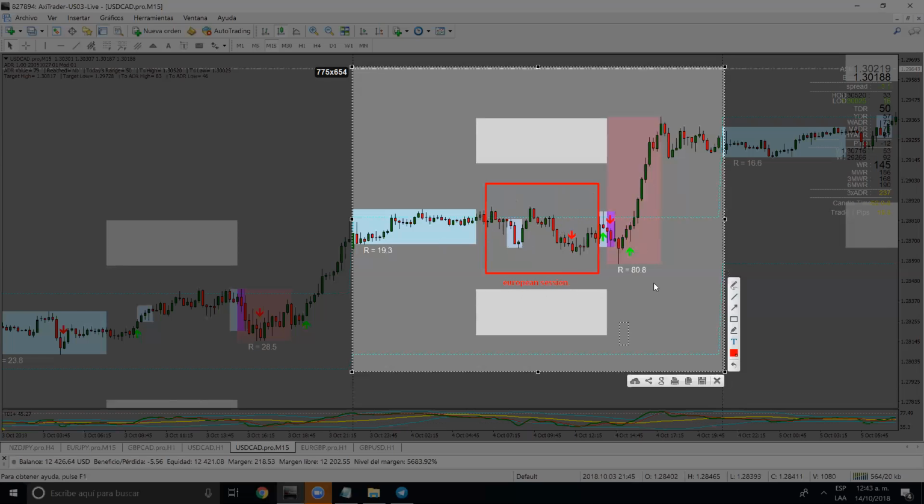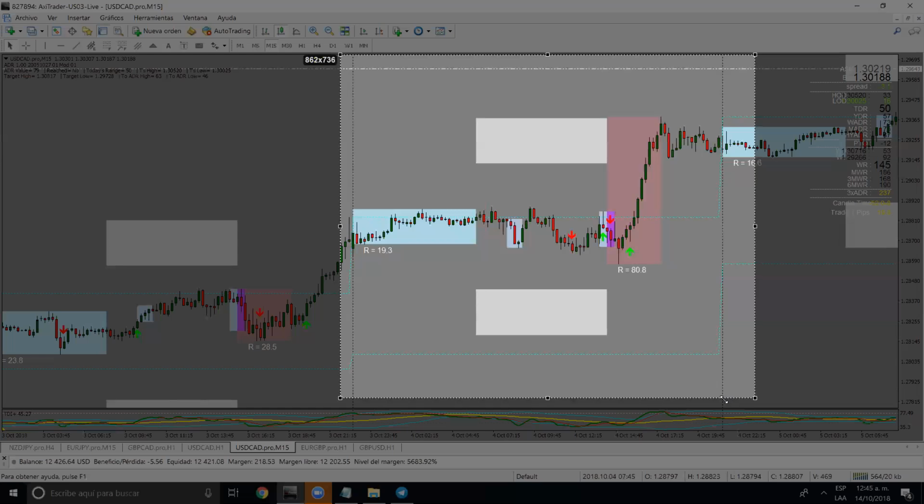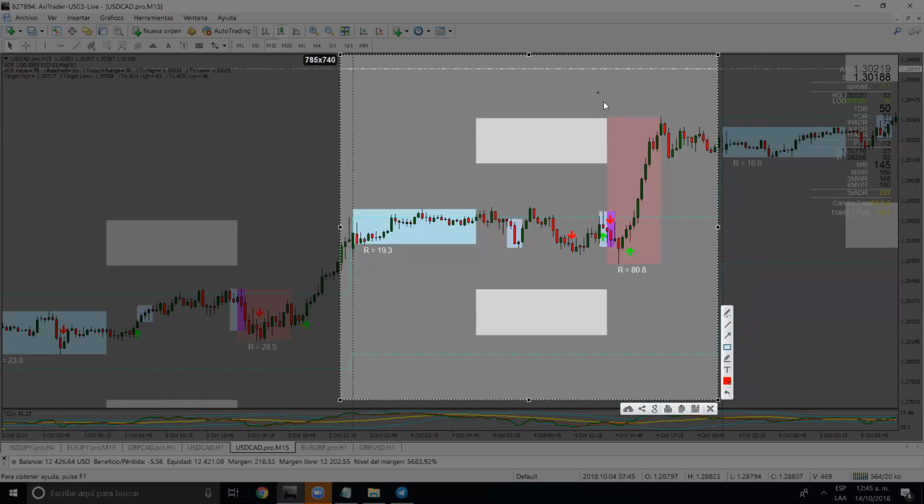After that we have the red boxes. This is the American session, and this box is when the American session opens after the European.